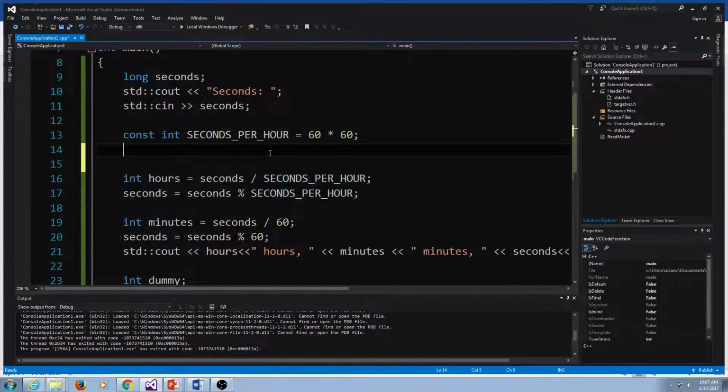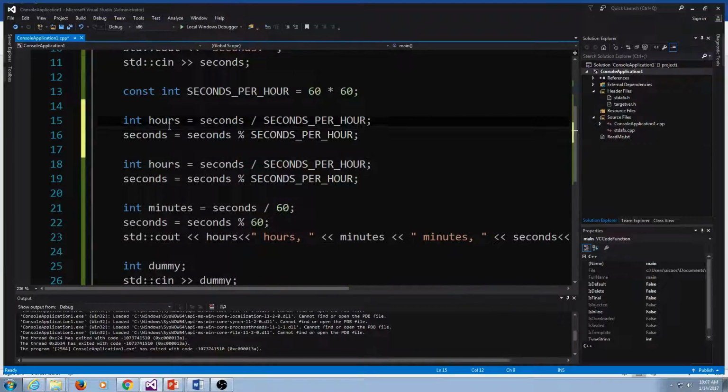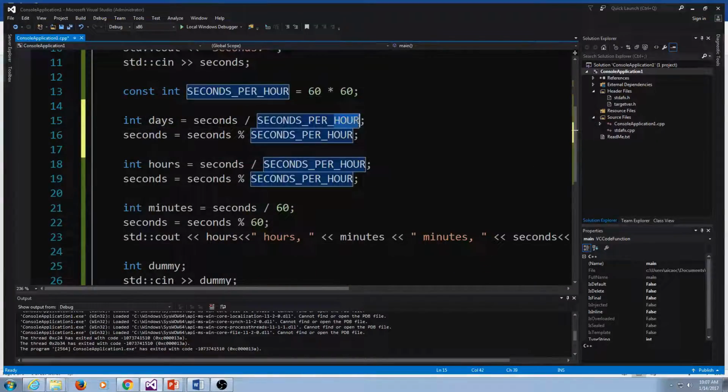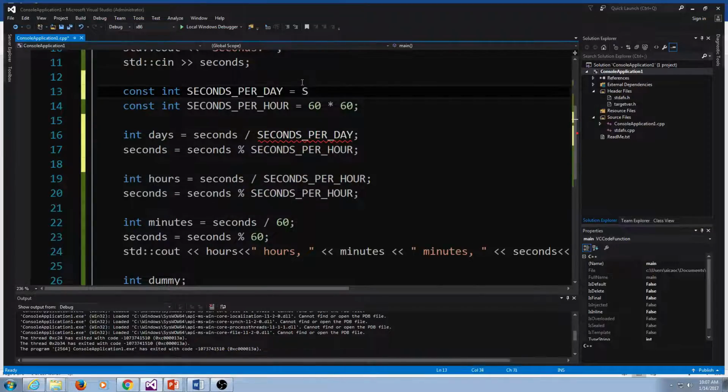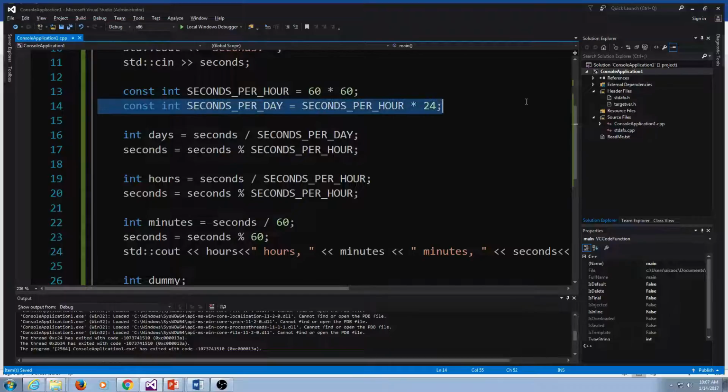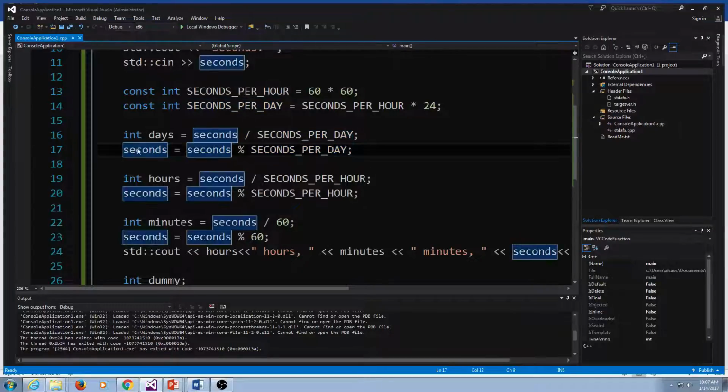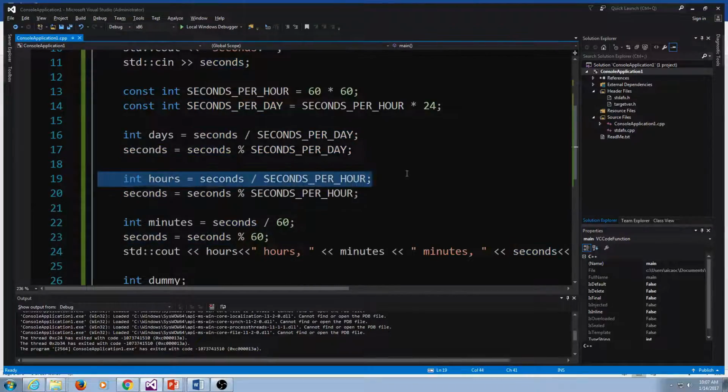And I can repeat this for the days. So I'm actually going to do days is equal to seconds per day here. I can do that. So then my days is the number of seconds that I have inputted divided by how many seconds per day. I get the remainder of that. Then I use that variable again in the hours calculation. That's how many seconds per hour I have.